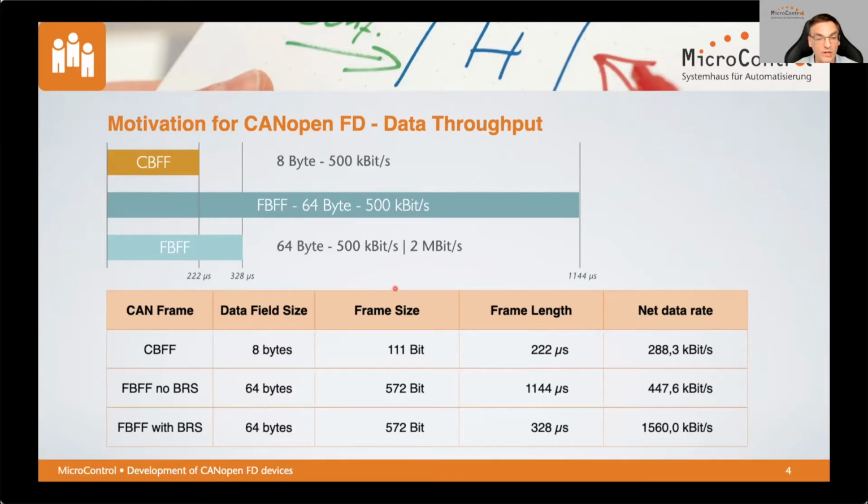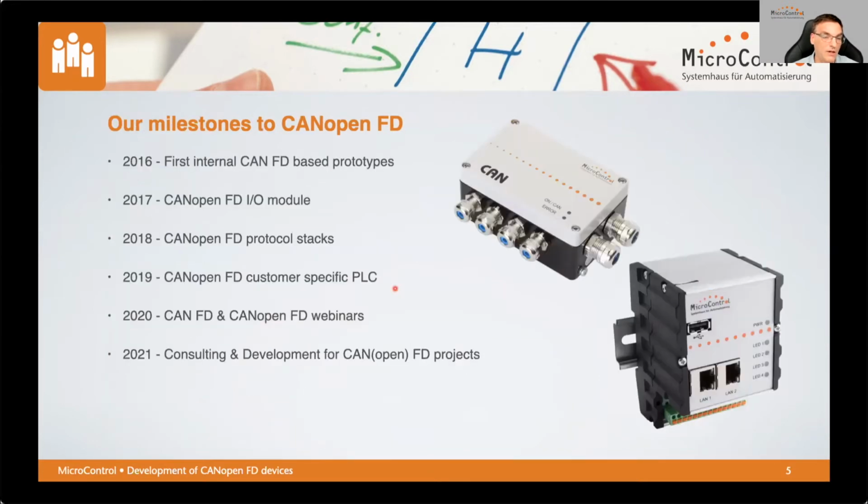So you increased your data throughput very much if you're using CANopen FD with bitrate switching. So that's, at the end of the day, the motivation to use that.